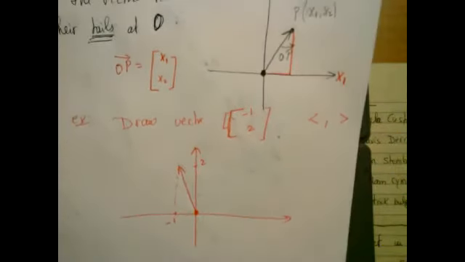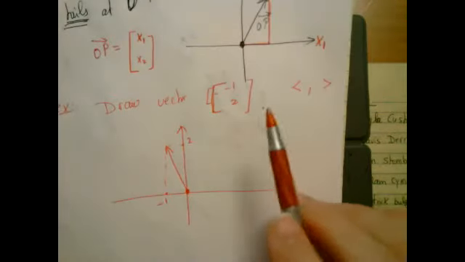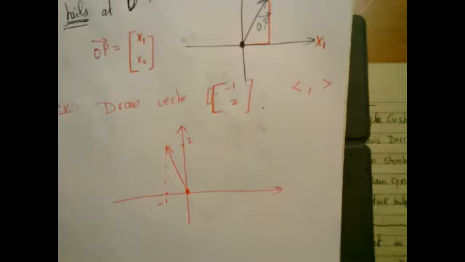Now, the last thing I would like to mention is that we added vectors geometrically. If I have two vectors and I know their components, and I add them geometrically, I get a new vector. What are the components of the new vector? So, the components of the sum of two vectors.